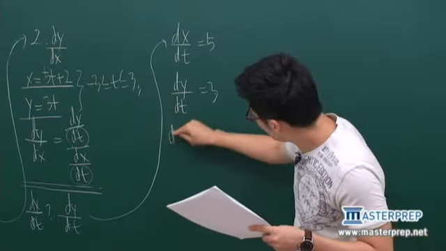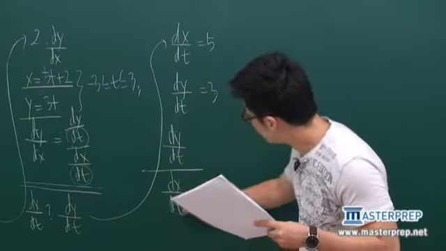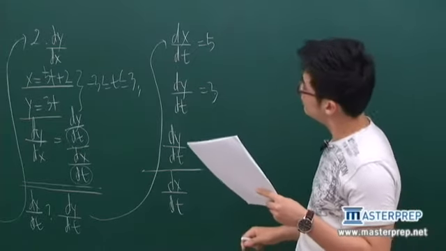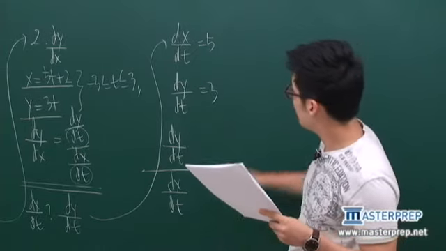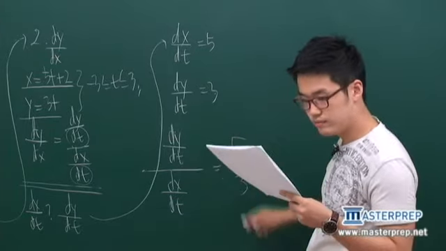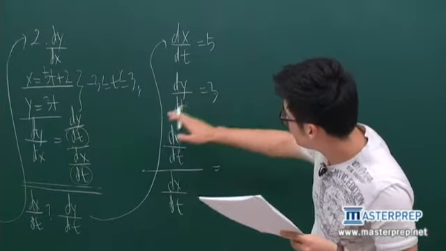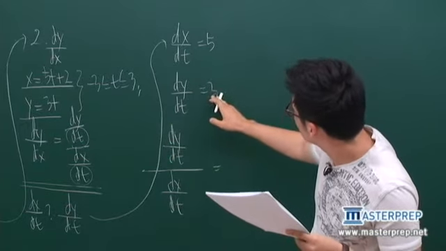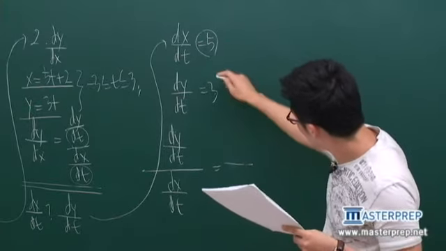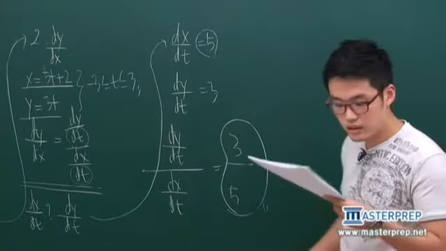Well, dy over dt over dx over dt is equal to... it's not 5 over 3. Let's see, where am I wrong? dx over dt is 5, dy over dt is 3, so 3 over 5 should be your answer, and that's number 8.